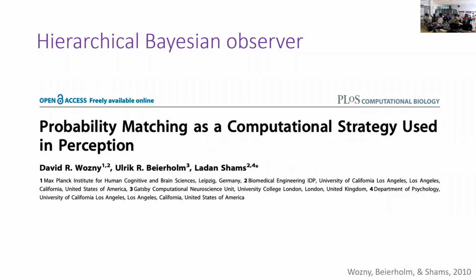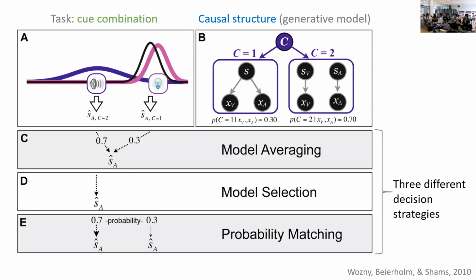The first example I'm going to use is from the paper by Wozny et al., 2010. It's a hierarchical Bayesian observer. Their task actually is easy.